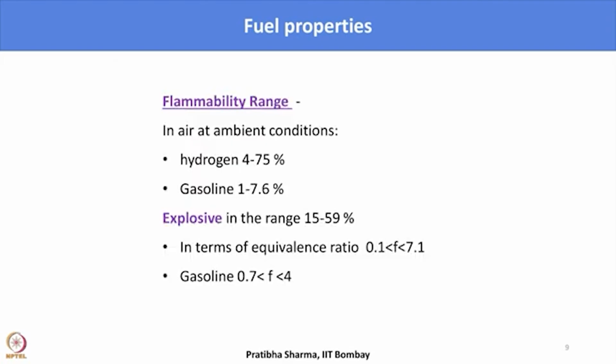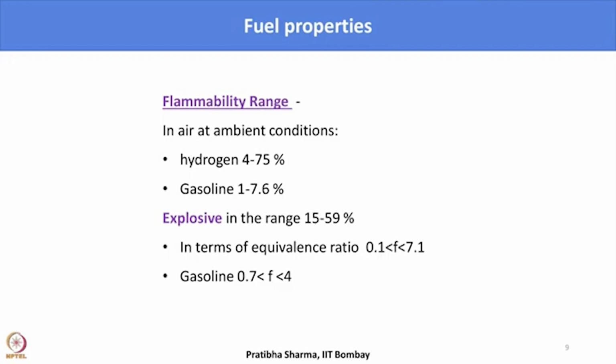Flammability limit of hydrogen, which we define as the concentration range in which the combustible mixture supports a self propagating flame when ignited. There is a lower flammability limit, which is the lowest concentration which can support a self propagating flame when mixed with an oxidant and ignited.